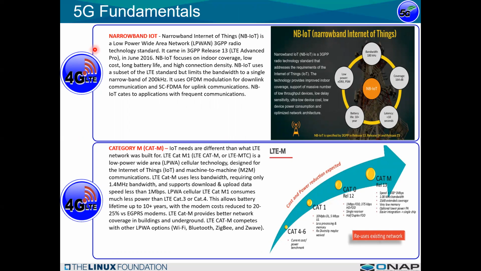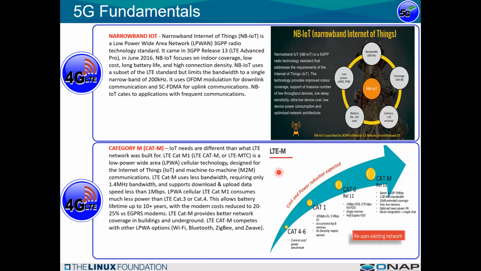So the narrowband Internet of Things is basically an LPWAN, low power wide area network, which is focused on trying to address machine-to-machine communications, and so is Category M, where we have lower speeds. If you think of your cell phone today, you have to constantly charge it, right?